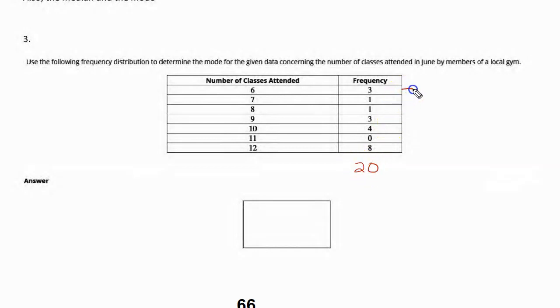Now what you need to do is add up these once you do the frequency. Now this is 3 that are of 6, so 3 times 6 is 18. And we want to eventually get all of these multiplied by their frequency out here and get a grand total.